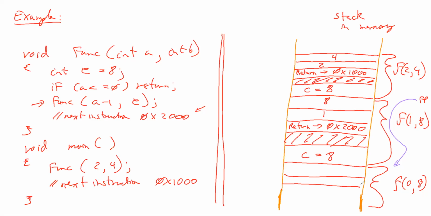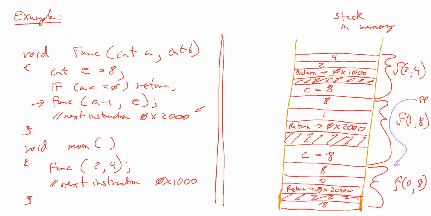This time I have the parameters 8 and 0, correct, guys? I have the return address here, which is, again, 0x2000, because it's recursive. I have the metadata, and I have my local variable, which is again 8.